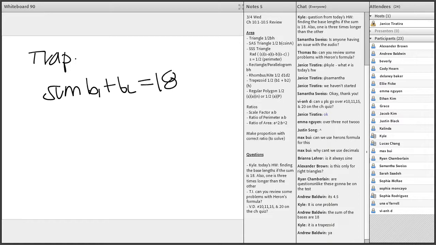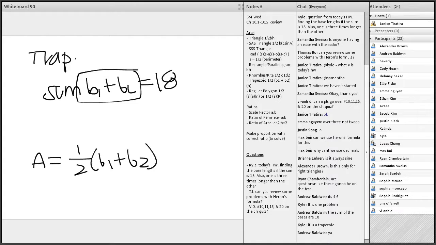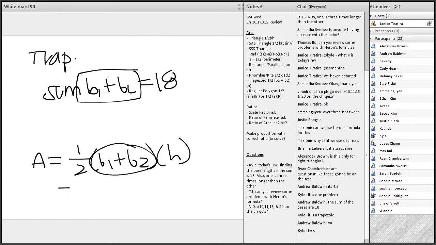This is so great. All right, so the formula for a trapezoid is half times B1 plus B2 times height. We already know this sum here is 18. Oh, and the height is already given? The height is 6. So then we would just have to type all that in your calculator.